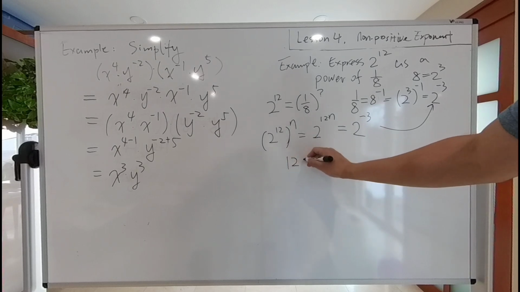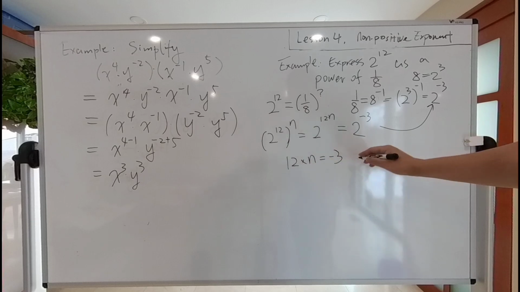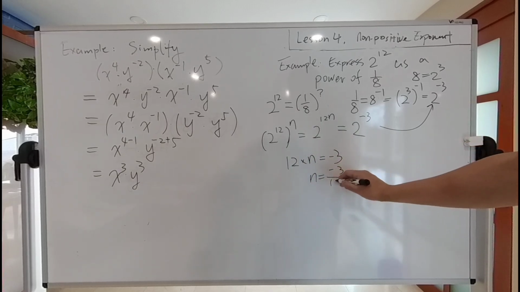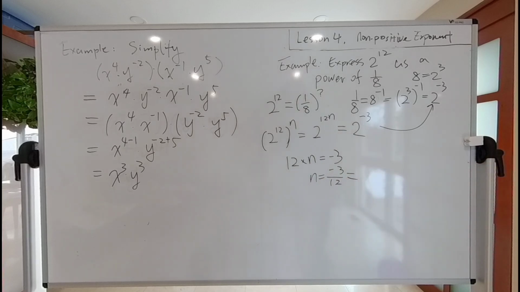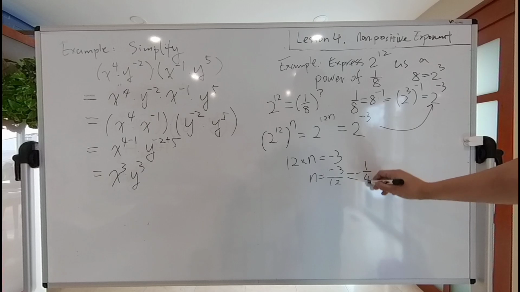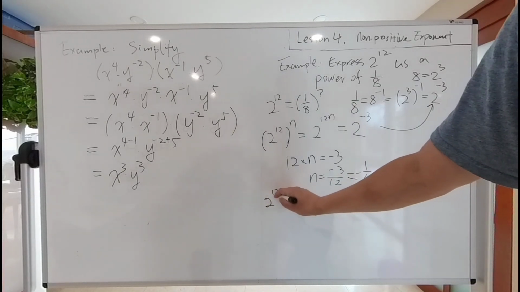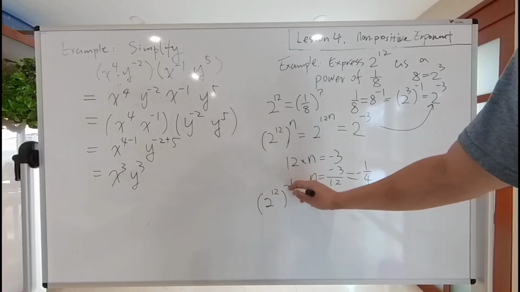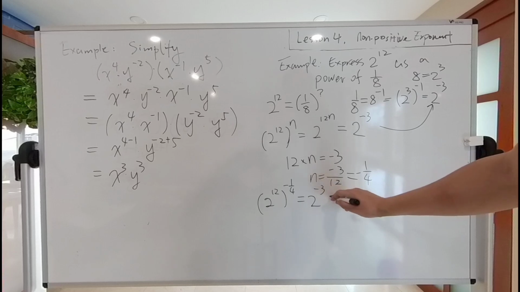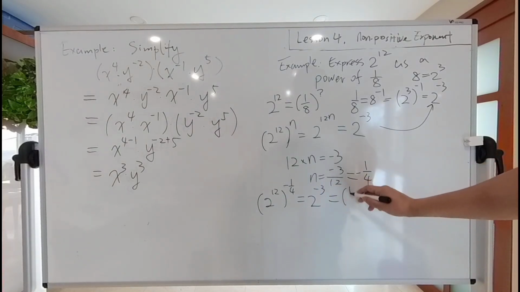Then 12 times n must be negative 3, and solving for n, n is minus 3 over 12, which is minus 1 over 4. So which means 2 to the 12, to the power of minus 1 over 4, is 2 to the minus 3, which is 1 over 8.